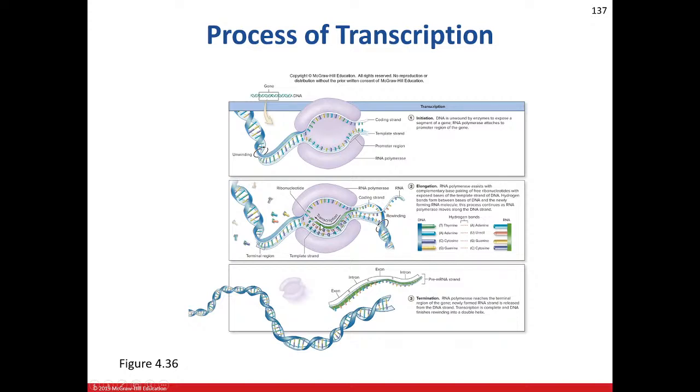It puts them in place. And then we have the enzyme coming along and it's binding all the nucleotides together. We put them in place and then we covalently bind their sugar and phosphate groups to form part of that sugar phosphate backbone.